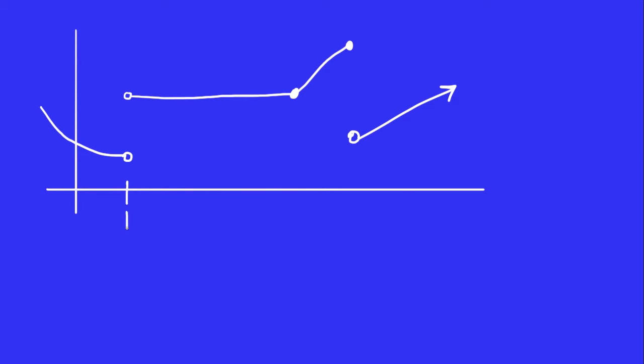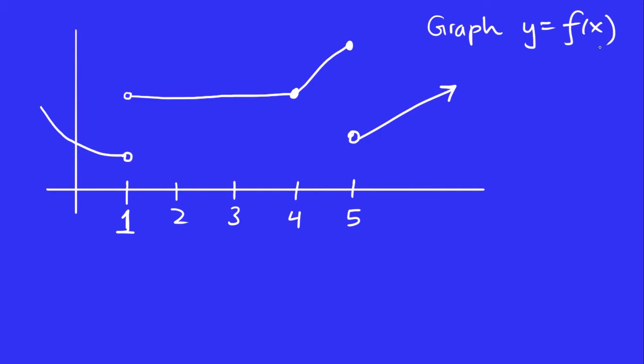Let me say this is 1. Maybe this is 4, 5. And this is the graph of some function, f of x. And my question is this: is f continuous at x equals 1?